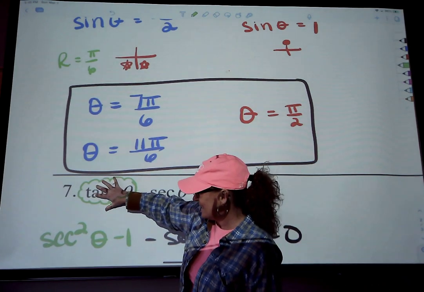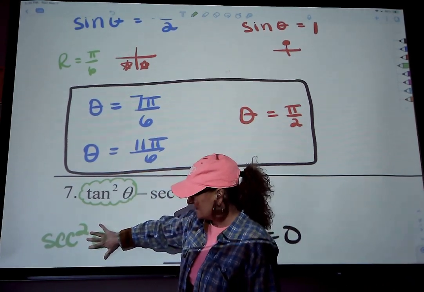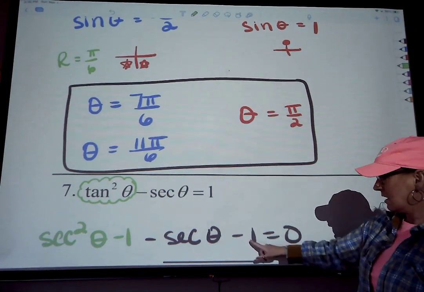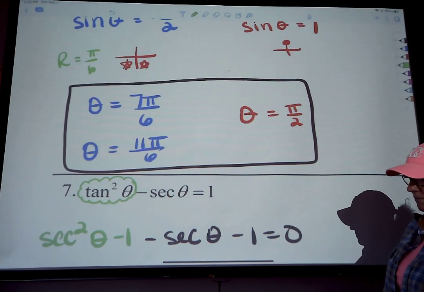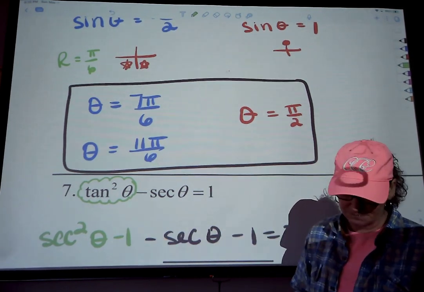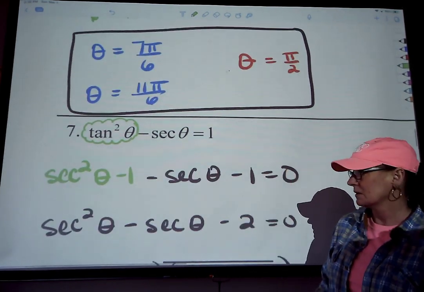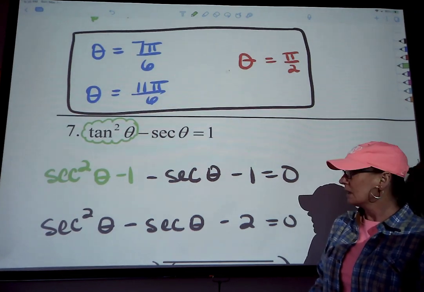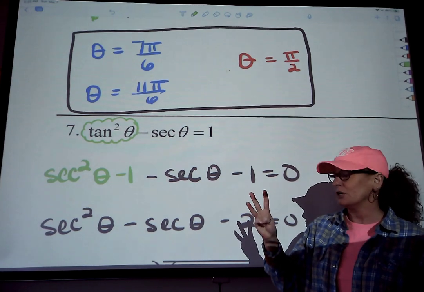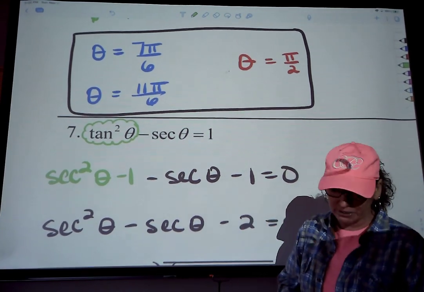So this turns into this. And then same, and I moved the 1 over. Now I'm going to collect my like terms. One, two, three. 3 terms. Do they all have something in common? No. Let's put them in the product of 2 binomials.